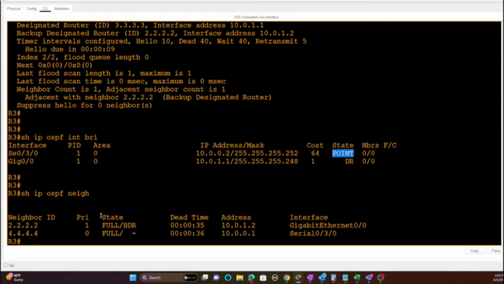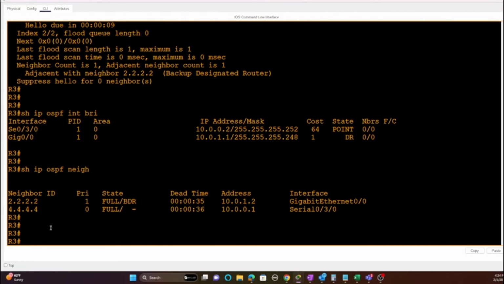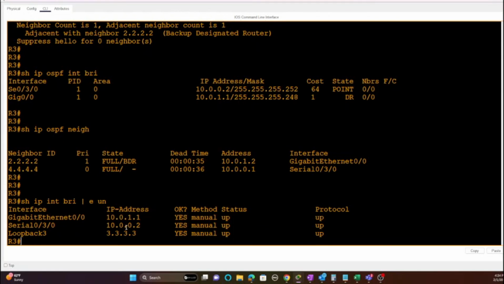So finally, now that we see and we verified that everybody is an OSPF neighbor, we looked at the different network types that they're on, both the point-to-point and the broadcast. And I mentioned these router IDs, but if we do a show ip interface brief, the router ID is being selected because it's the highest loopback IP address.